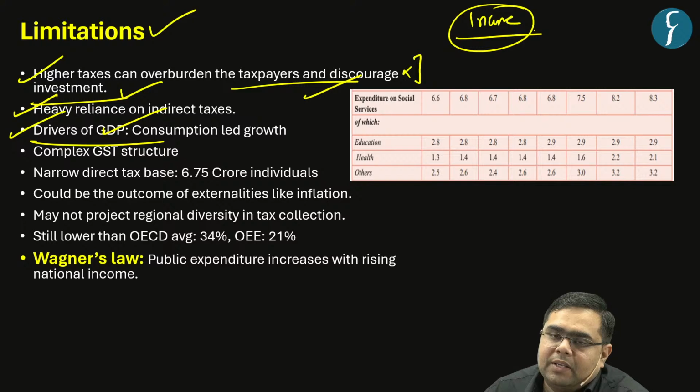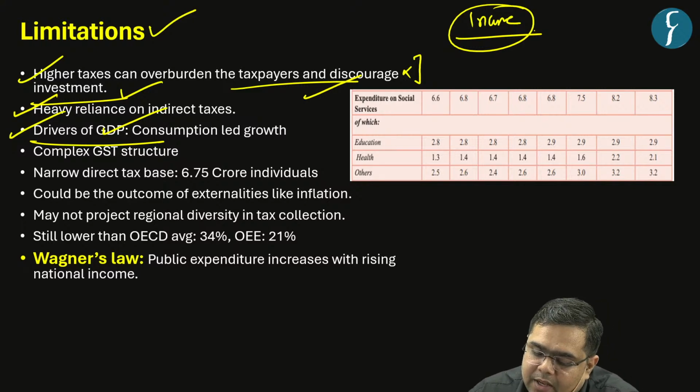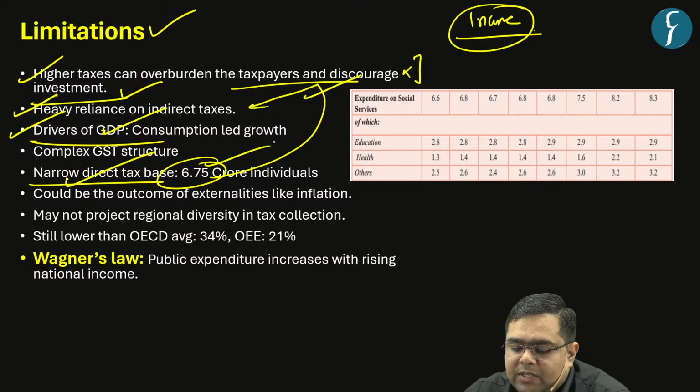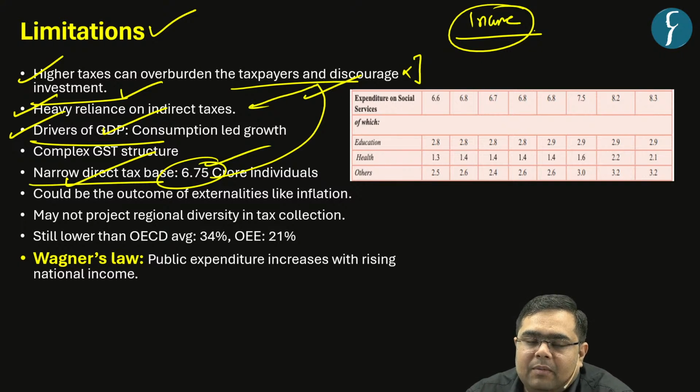Next is the complex GST structure. This is a self-explanatory point. Then another linked point is that we have a narrow tax base, that is only 6.75 crore individuals are direct taxpayers. Otherwise, all other taxation is coming from indirect taxes, which everyone pays equally.